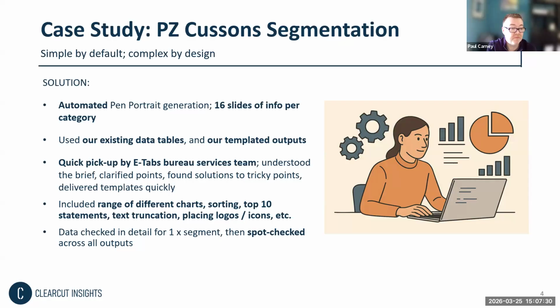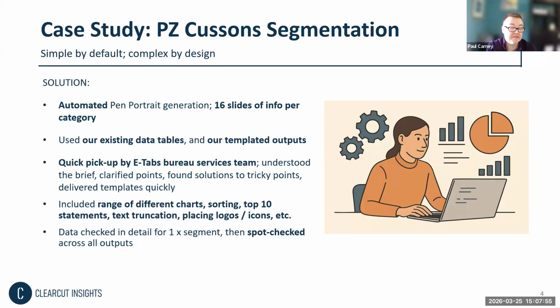We give them a translation file, so we have long text for attributes, and we truncate that down to something that fits in the slides. You can give them logos and icons, and we can move those around the slide as well. So it's really powerful in terms of being able to automate. I'd say 95% of what we do. There's always a little bit around the edges that we have to do as well.